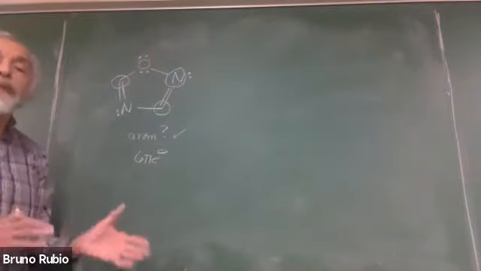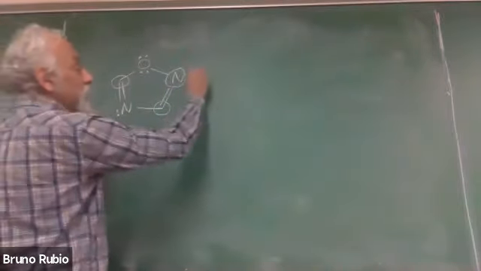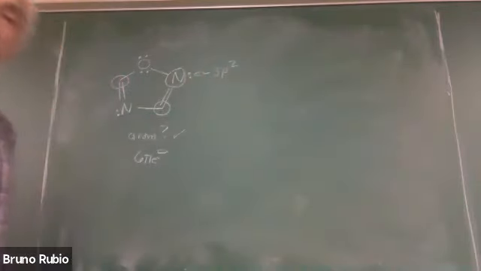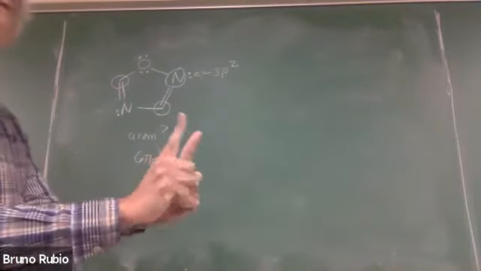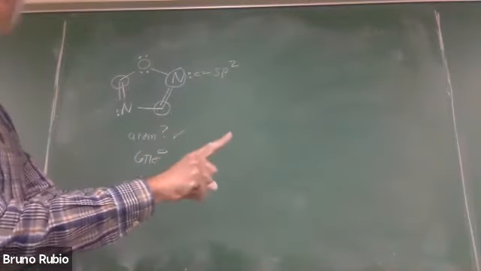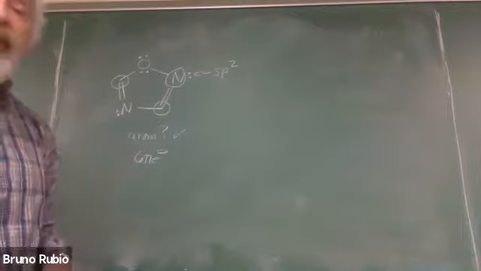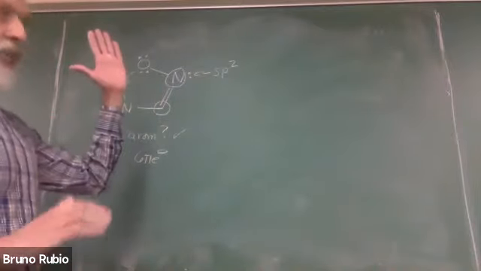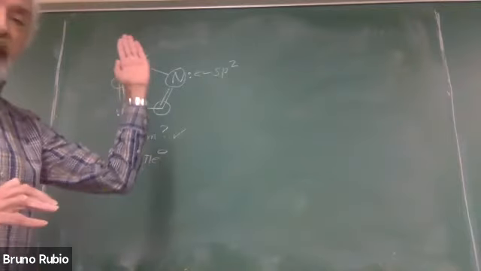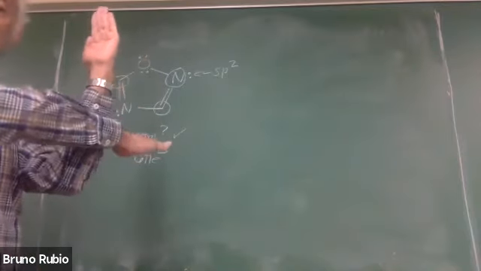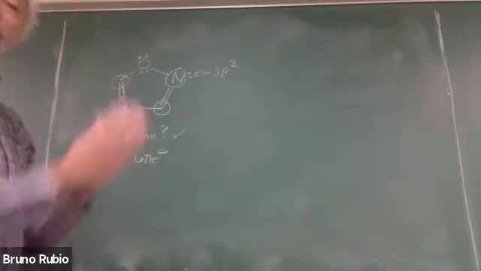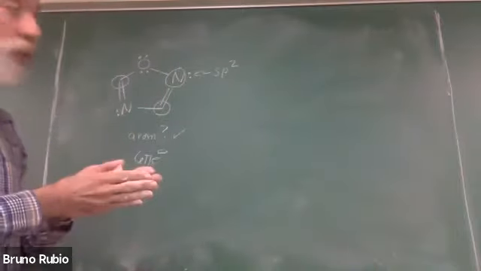It's in an sp2 hybrid atomic orbital. Right, because no hybridization state has two up and down or two in and out p orbitals. The sp hybridization state has an up and down p and an in and out p, but no hybridization state has two up and down or two in and out p orbitals.